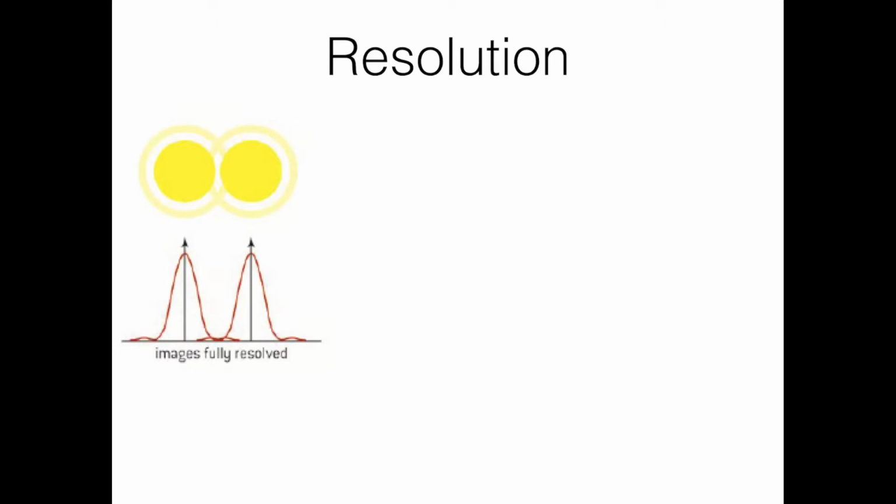Resolution is talking about when I have two different images and they are really far away, can I tell that they are actually two different images, or do they look like a single image? You've probably seen this if you've ever been driving at nighttime and you look at a car coming towards you from a long distance away.